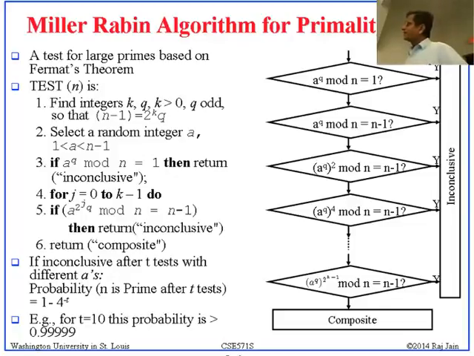Then, for j equal to 0 to k minus 1, all you do is you keep squaring that number a. So a raised to 2 raised to j times q, mod n. If that is equal to n minus 1, then you return inconclusive. And if nothing happens here, then you say it is composite.